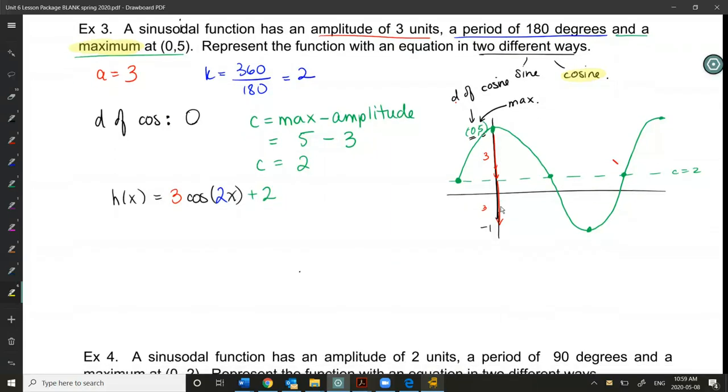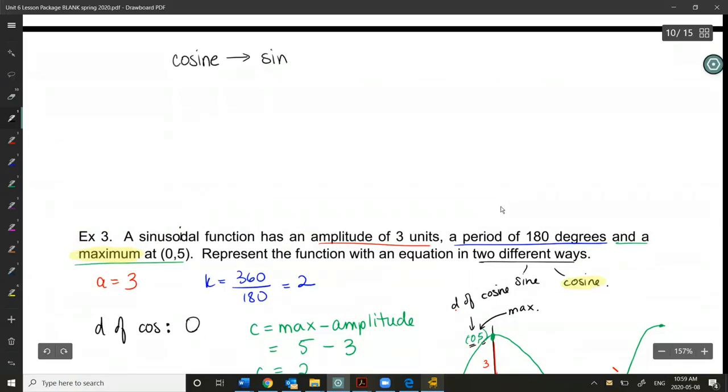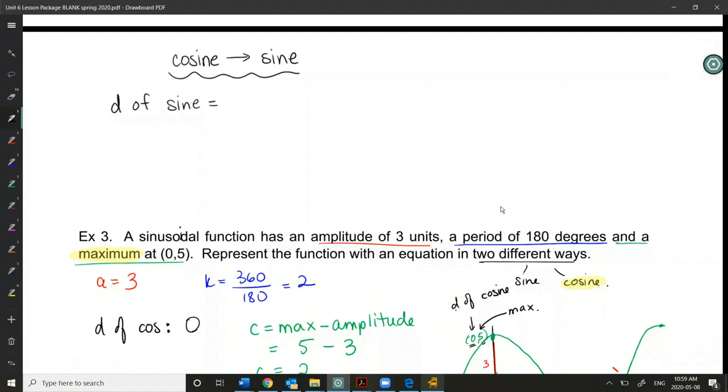So the summary of this and how we can use this to shift between sine and cosine is this. If I have a cosine equation and I want to translate that into a sine equation, I'm going to find the new d of sine by taking any existing shift of cosine.